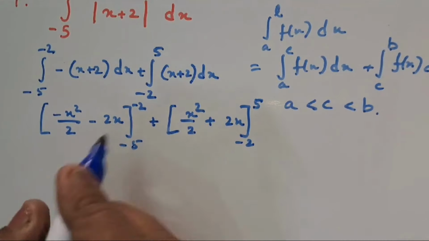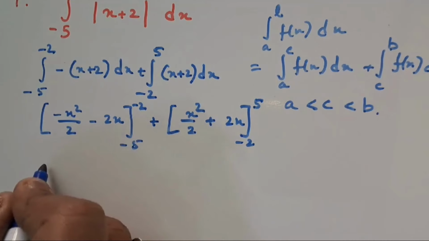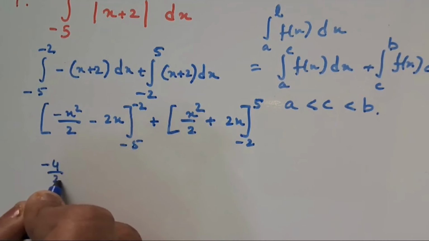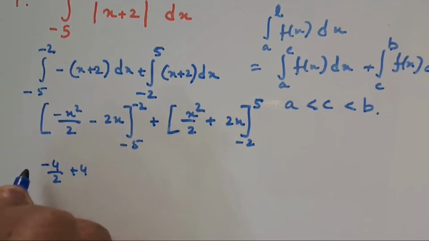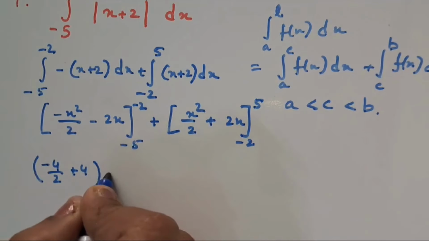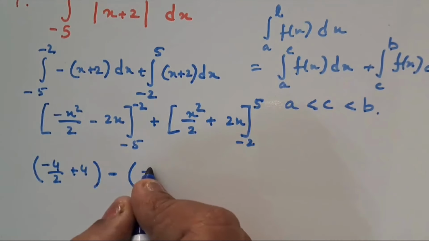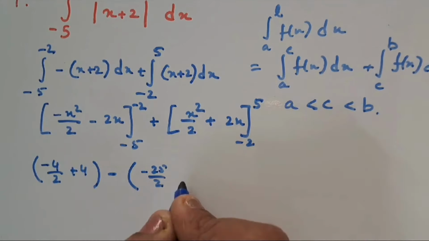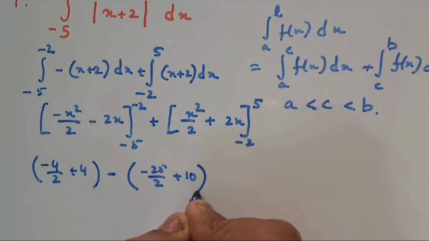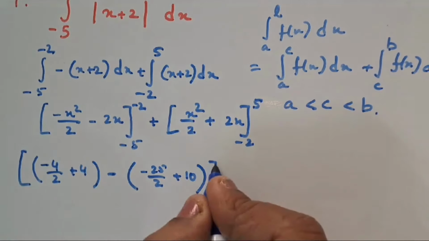So first when I substitute -2, I am getting it as minus 4 by 2 plus 4, minus the lower limit. Now I am substituting, so that is your minus 25 by 2 plus 10, plus.